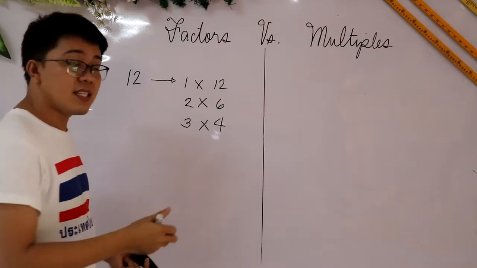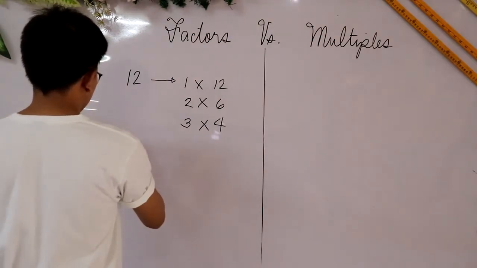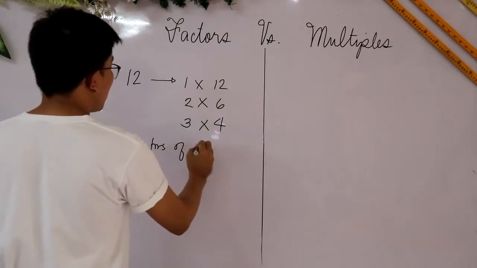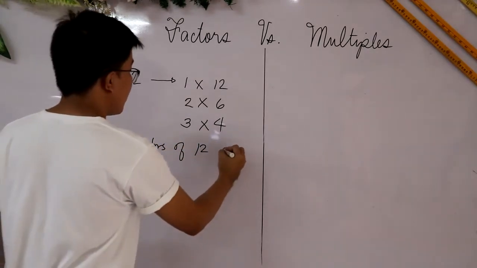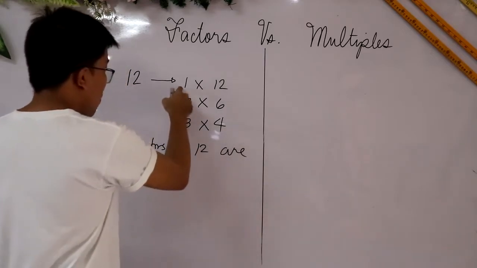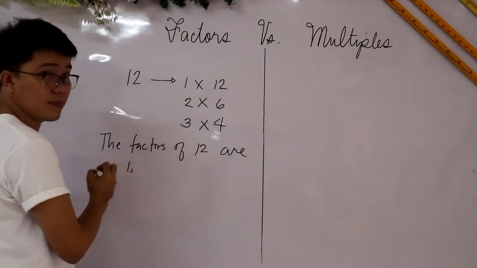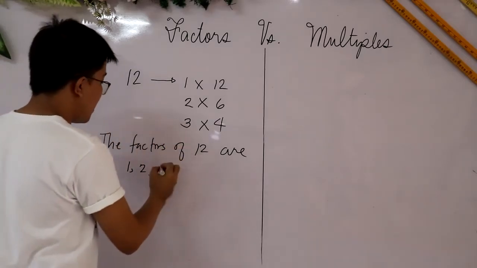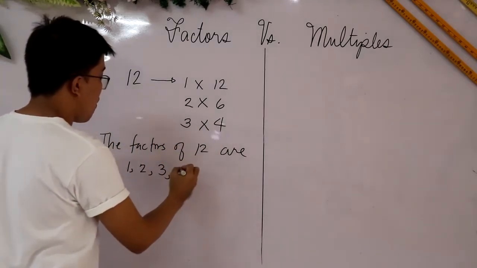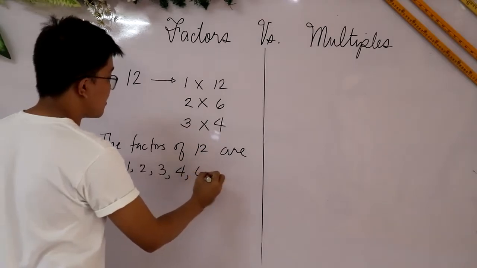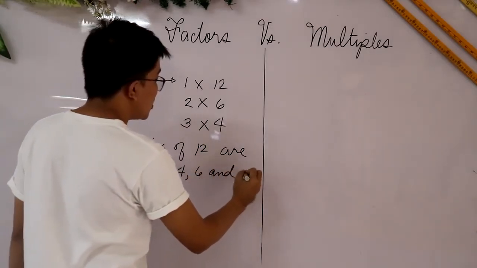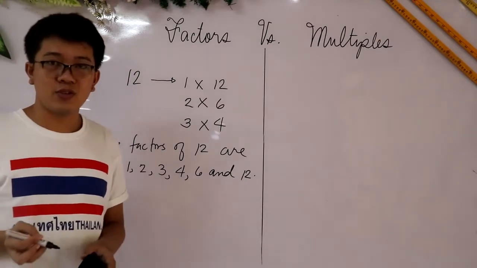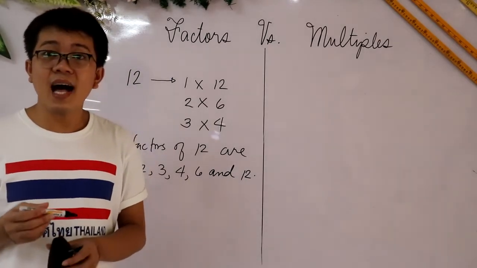So we say that the factors of 12 are 1, 2, 3, 4, 6, and 12. Now let me ask you, how many factors does 12 have?